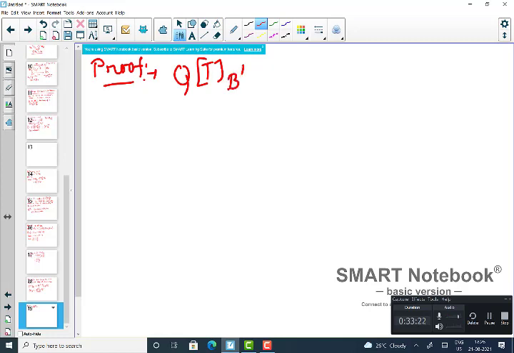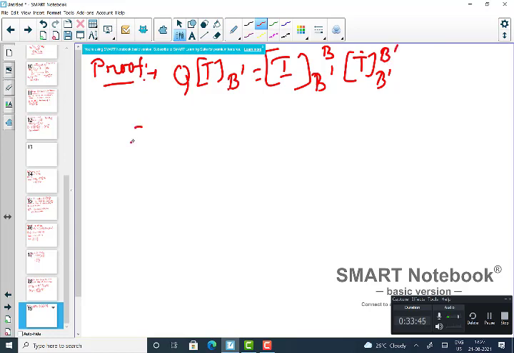We know that Q is nothing but I from B dash to B, and T B dash means T with respect to the same basis B dash on both sides.